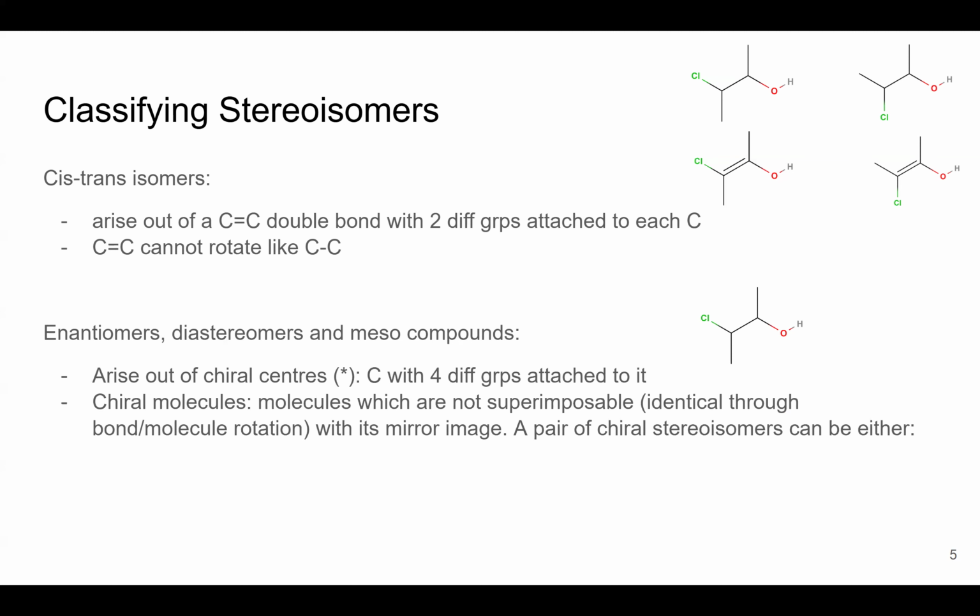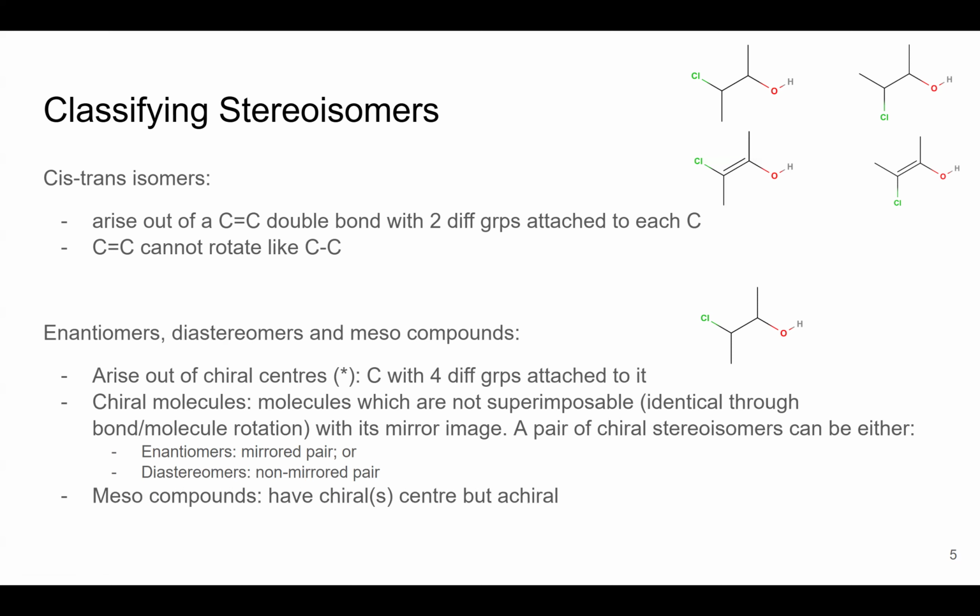So a pair of chiral stereoisomers can be either a pair of enantiomers, which is a pair of mirrored images, or diastereomers, which is a non-mirrored pair that are not superimposable. And finally, you can have meso compounds. So they have chiral centers but are achiral.